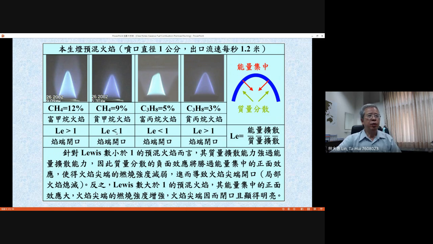Why? Because a Lewis number smaller than 1 means the negative effect of the mass diffusion is stronger than the positive effect, the weaker mass diffusion.